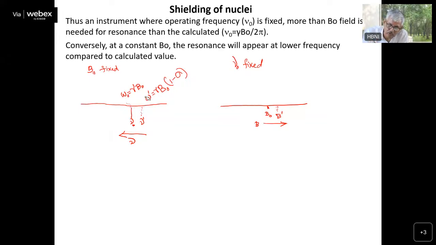I can write this in terms of nu dash, I think that will be better. This will be nu dash equal to that divided by 2 pi. This will be your B0, but because of the shielding, this is sigma.